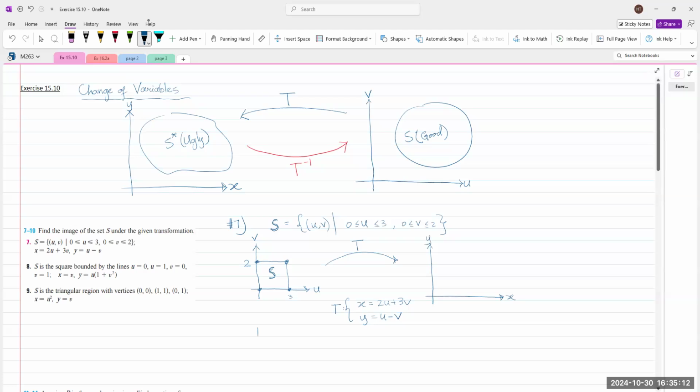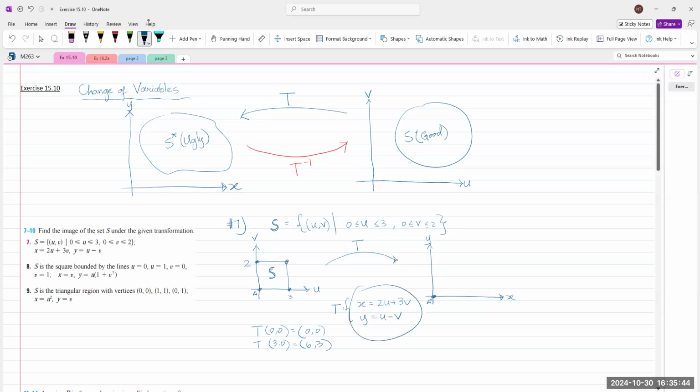So the transformation of (0, 0) in UV: when I plug that in, U equals 0, V equals 0, the XY will be (0, 0), right? If I call this point A here, this will be the image, A star. The transformation of (3, 0): if U equals 3, X will be 6, and Y will be 3.